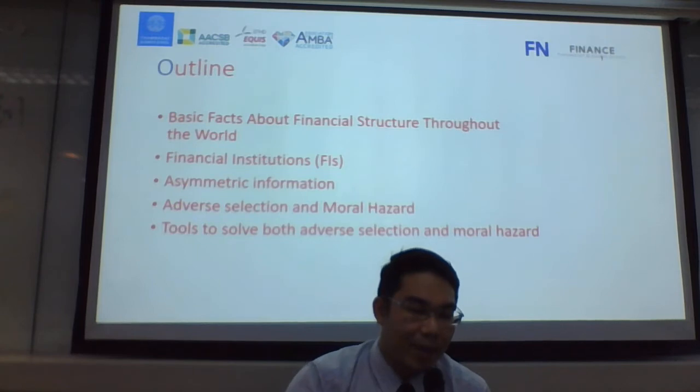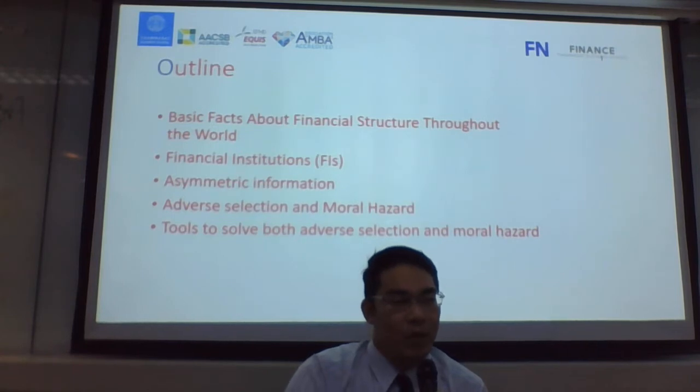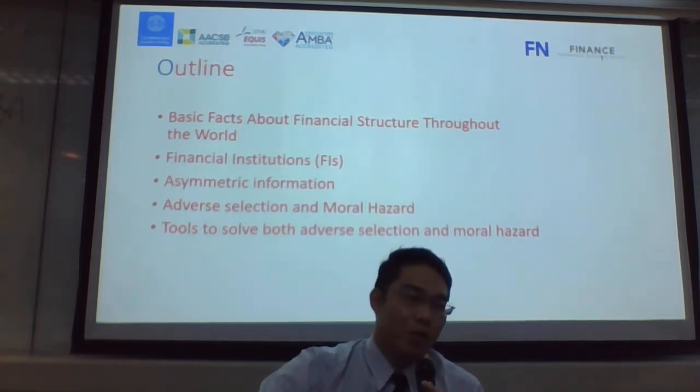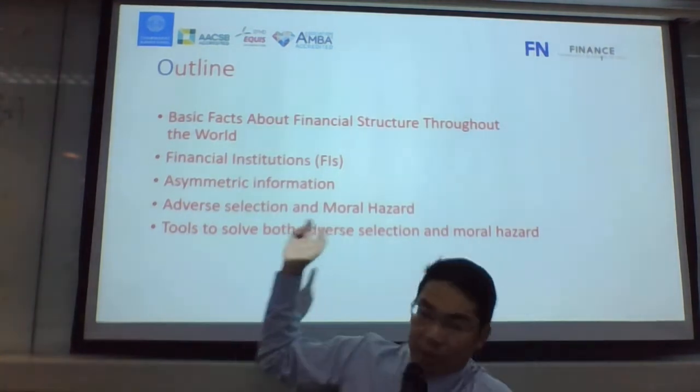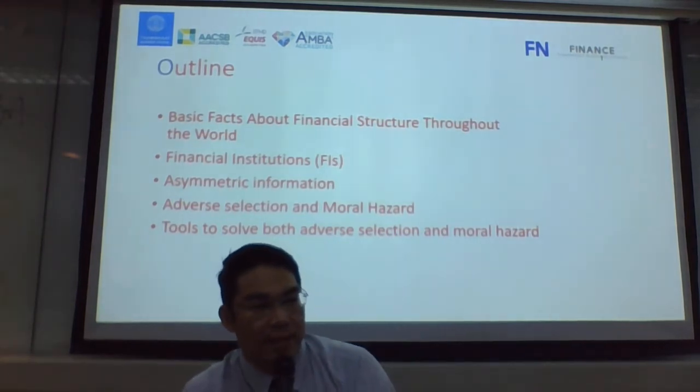This topic is quite theoretical rather than practical. If you are interested in economics, you may have studied this before in microeconomics, because asymmetric information is a subtopic in the chapter on market failure.